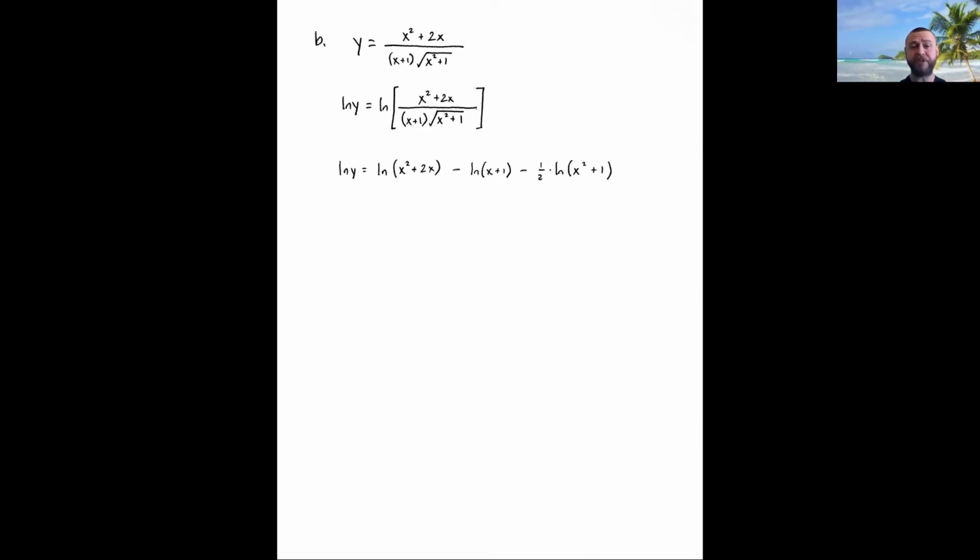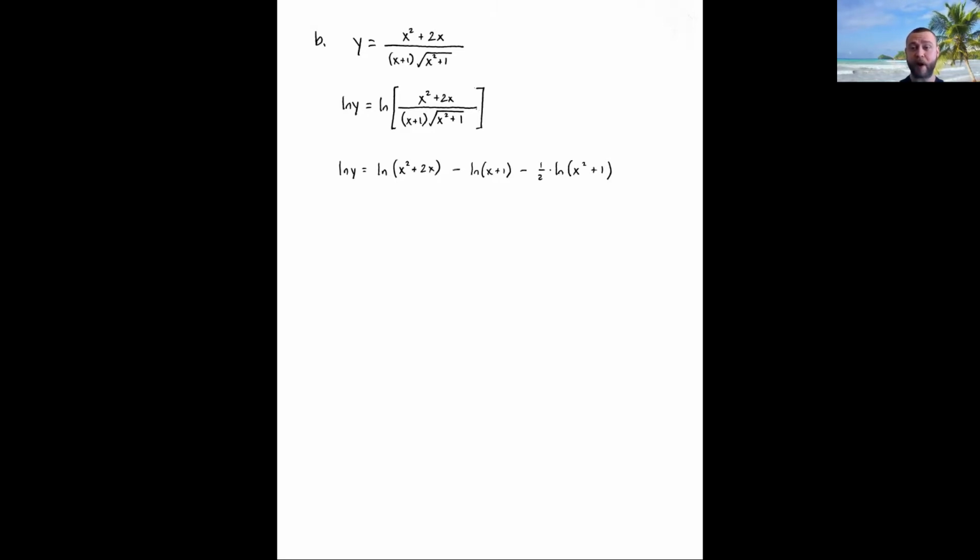But be careful, notice the denominator has 2 factors in it. So you're going to be using property 1 for the terms in the denominator. And just be careful, from applying property 2, the minus is going to affect the 2 logs you get from applying property 1.